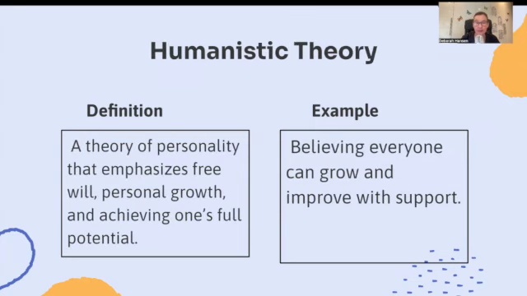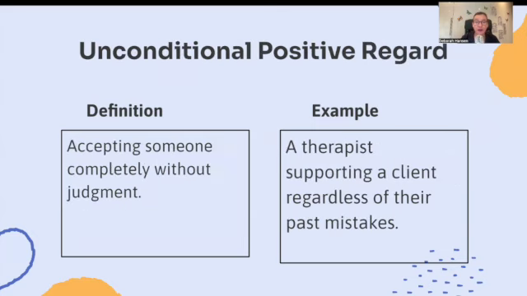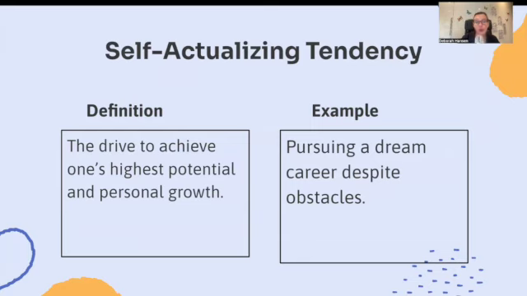Humanistic theory. A theory of personality that emphasizes free will, personal growth, and achieving one's full potential. For example, believing everyone can grow and improve with support. Unconditional positive regard. Accepting someone completely without judgment, for example, a therapist supporting a client regardless of their past mistakes. Self-actualizing tendency.